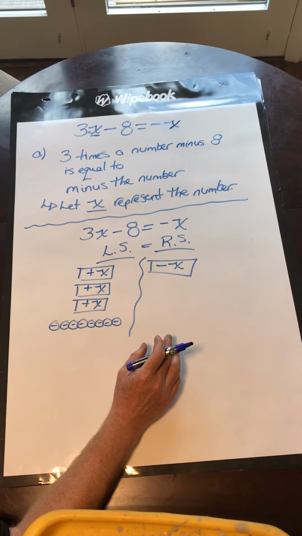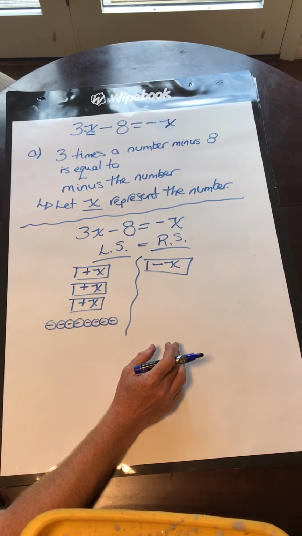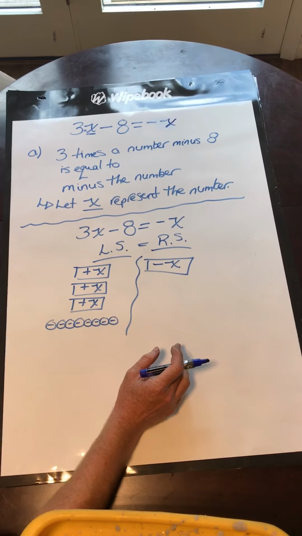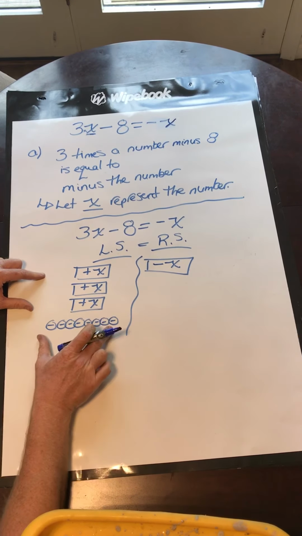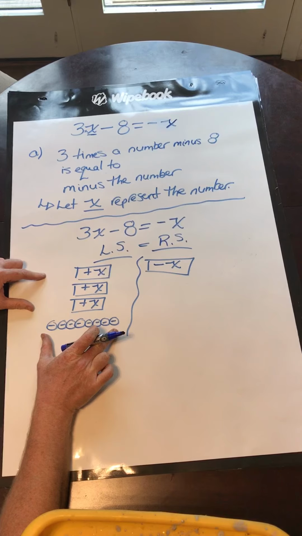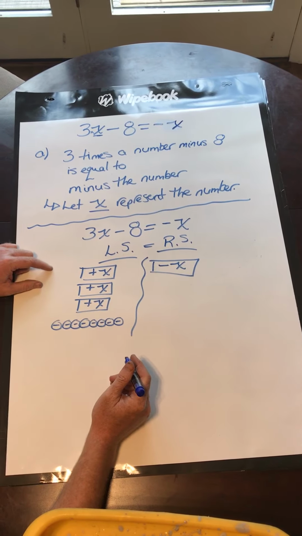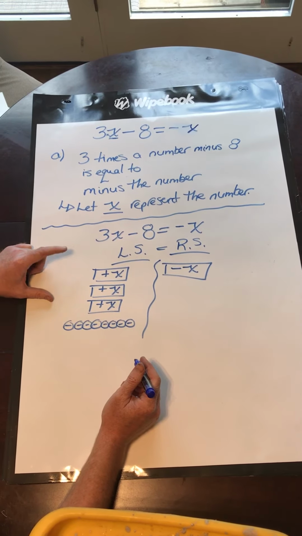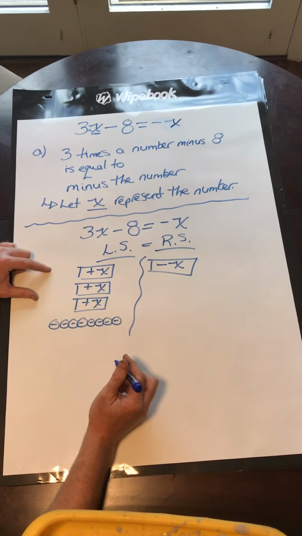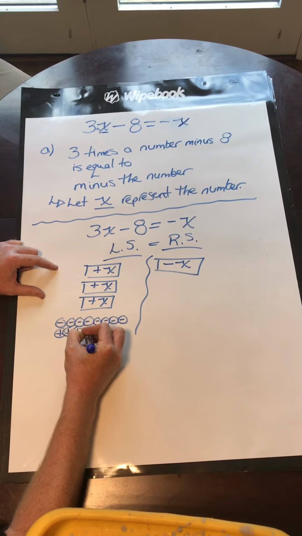In this equation, where are the most positive x tiles? Well, they're on the left side again. So I'm going to get only x tiles on the left side, and only unit tiles or number tiles on the right side. So how do I go about that? How do I get rid of these 8 negative unit tiles? Well, I can use our friend the zero pair, and I'm going to add 8 positive unit tiles to the left side.